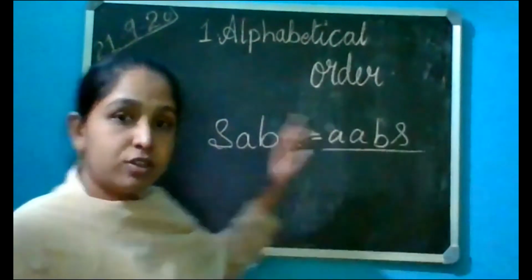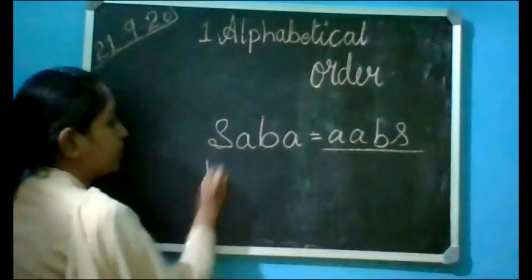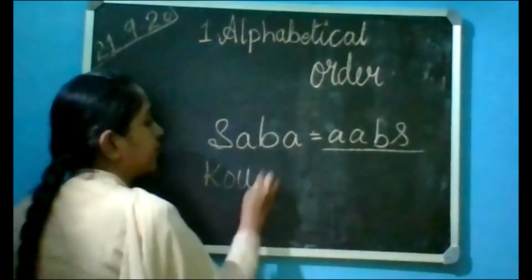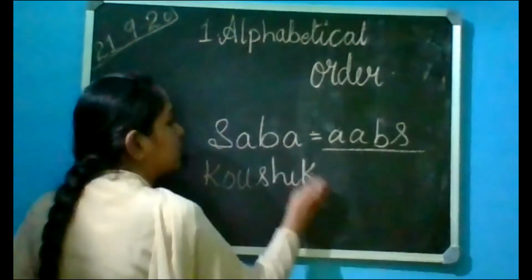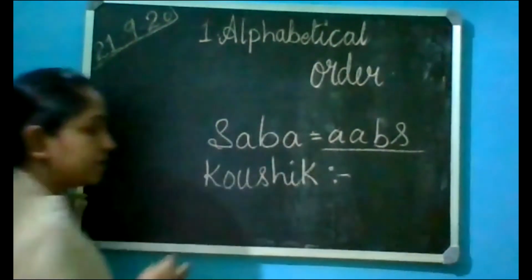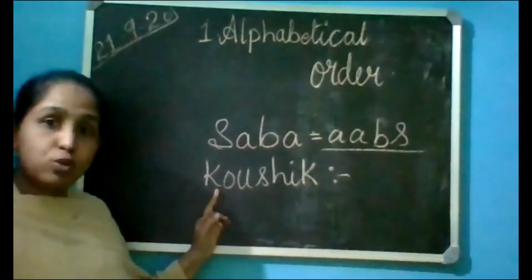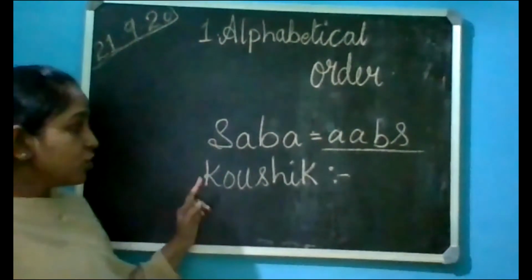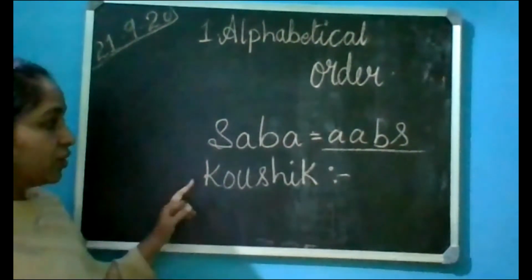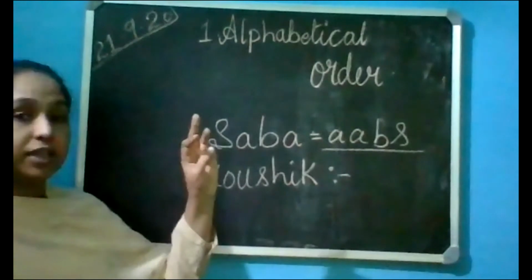Shall we see one more example? We have a child by the name Kaushik, right? Now let us see which letter will come first. Can you name it? Shall we start with ABCD?